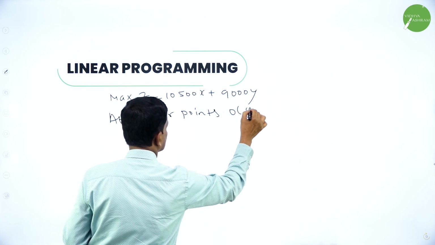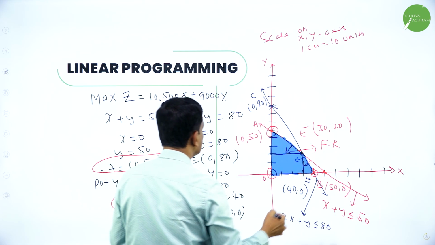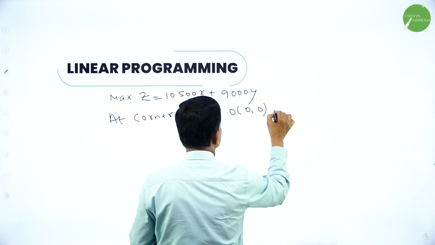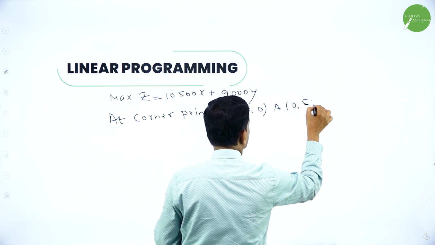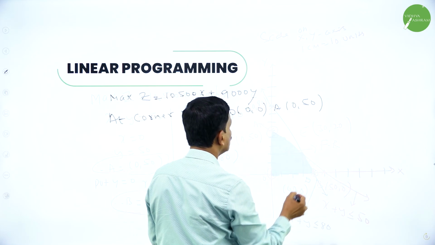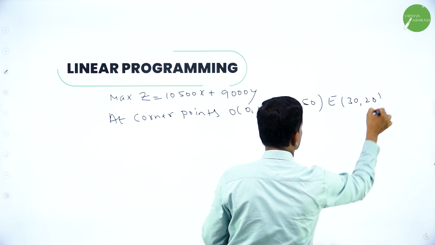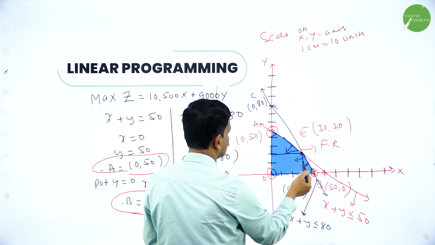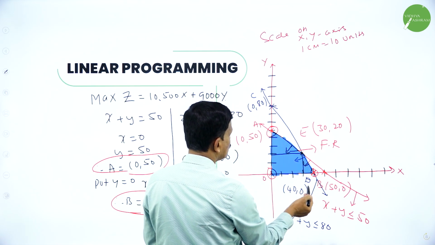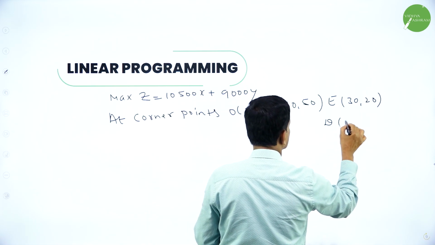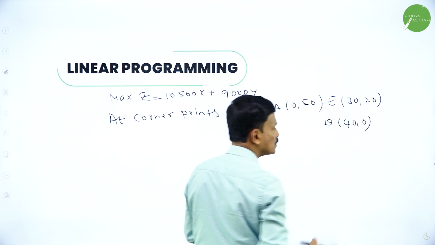what are the corner points? O (0, 0), then A (0, 50), then E (30, 20), and then D. What is D? (40, 0). Okay.